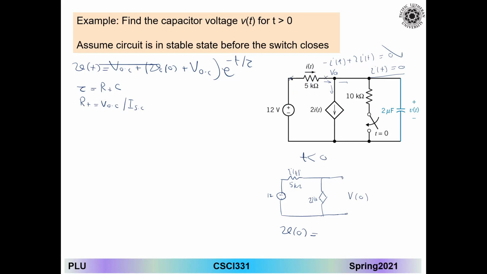I have one terminal here, but I don't know how much this one is. I cannot claim it is 12 because I have a current source here. Are you okay with that? It's confusing a little bit, but it makes sense. I have to modify what I have learned to solve my problem. That's what I have learned, nothing else.